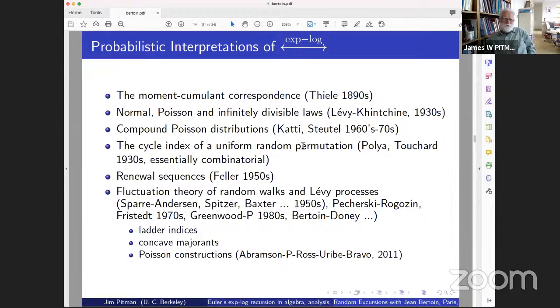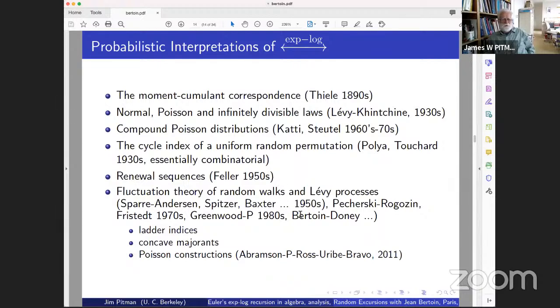And now in a very different vein, we realize that the exponential formula in a combinatorial form is giving what Pólya would call the cycle index of a uniform random permutation, or the cycle index of the symmetric group in more algebraic language. We have a further interpretation in terms of renewal sequences, which is implicit in Feller's work in the 50s.